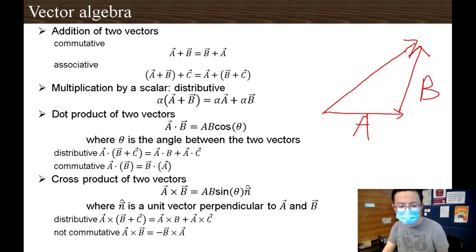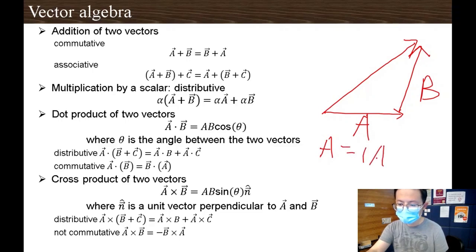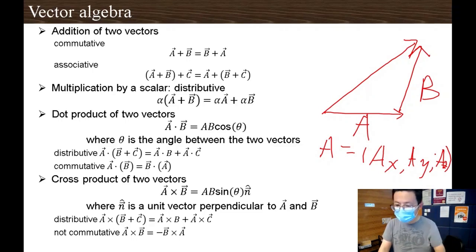And so another way of looking at a vector is simply to decompose it into all these components. Say that a vector A can actually be written as three numbers, AX, AY, and AZ. You can also understand this in the sense that you are numerically storing three numbers.